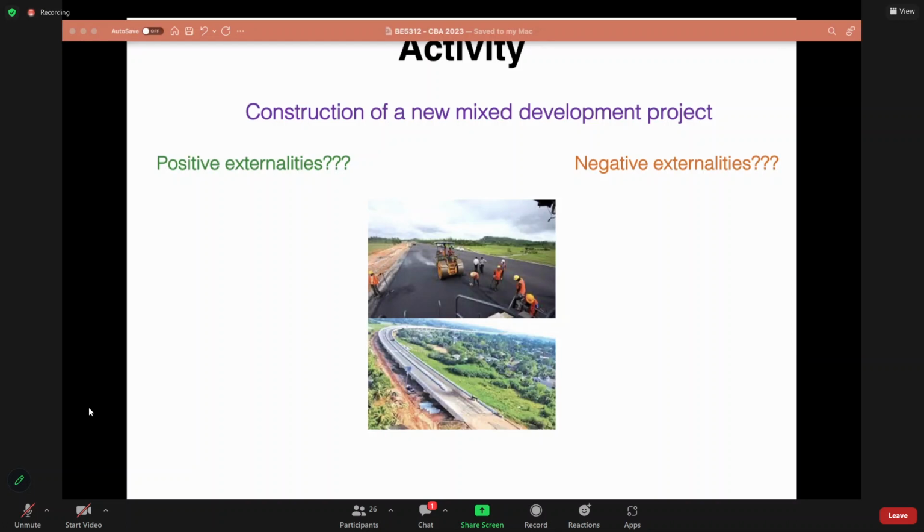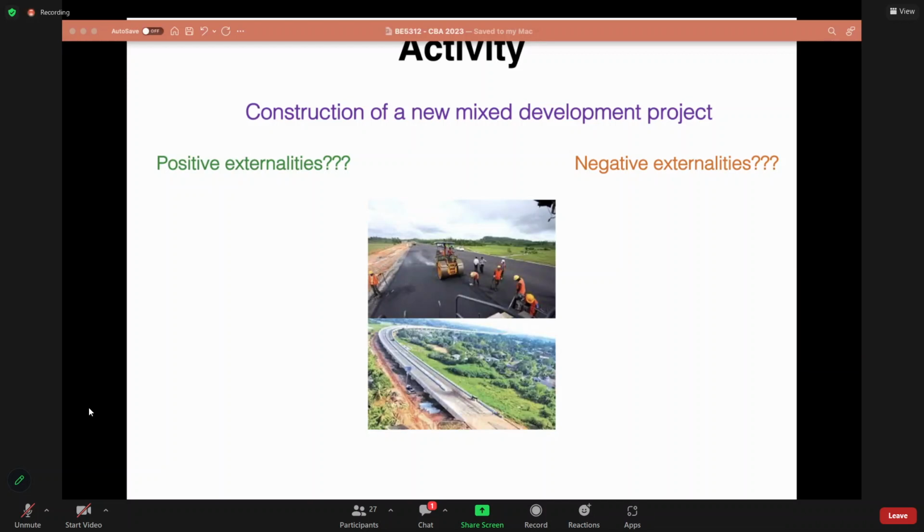That might be new businesses coming up. So new job opportunities, increased income for the local residents. Demand for resources, material.